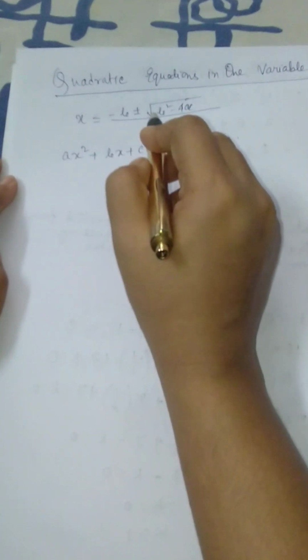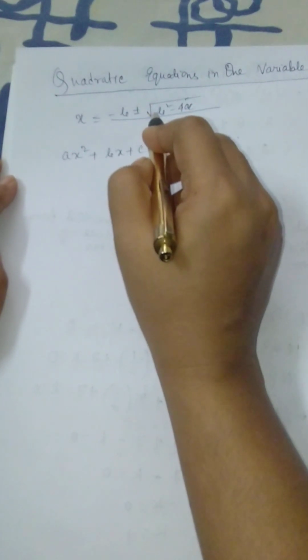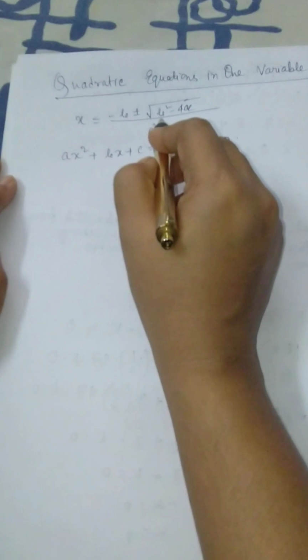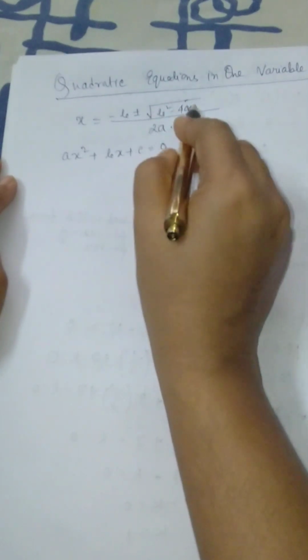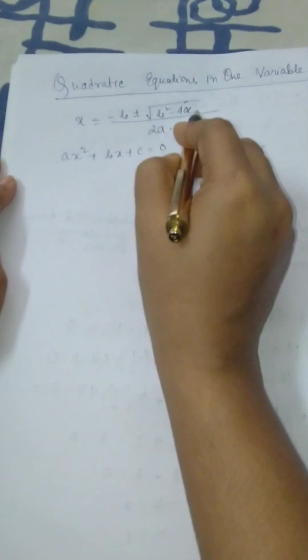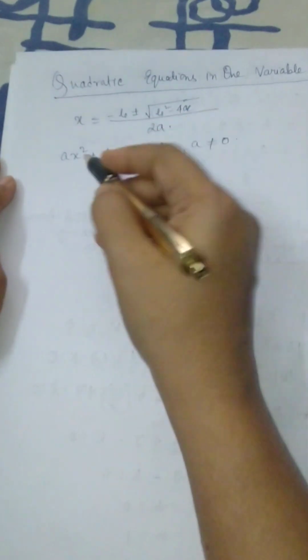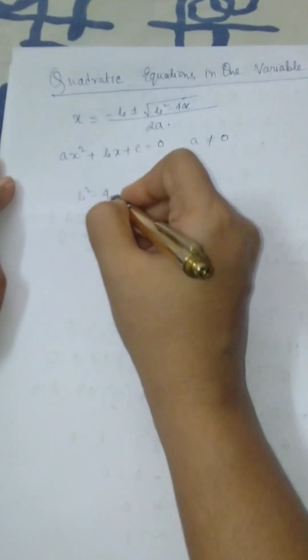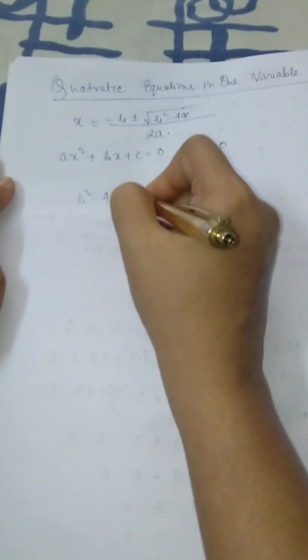So the nature of the root actually depends upon the quantity under the square root, and under the square root what is here? It is b square minus 4ac.